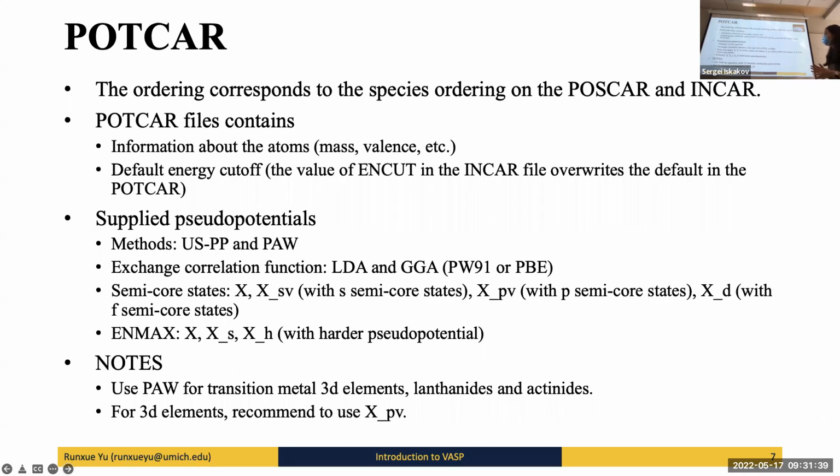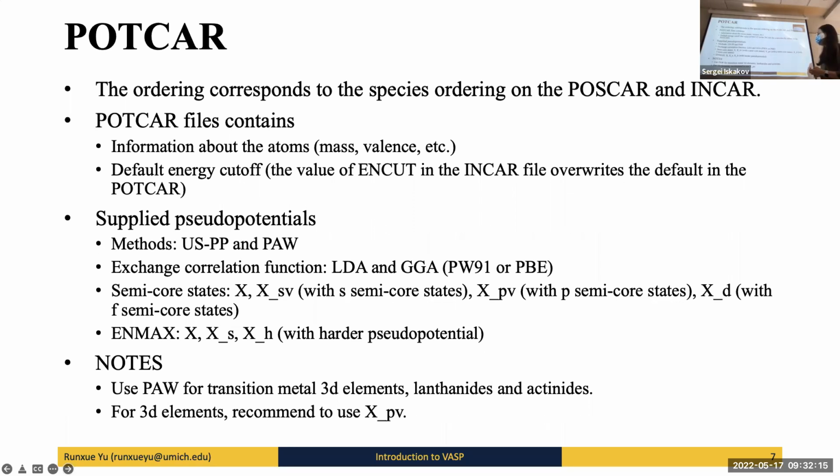And we have multiple kinds of pseudopotentials. If we divide them by method, we have the ultra-soft pseudopotential and the projected augmented wave. And if we divide them by exchange-correlation functional, then we have LDA and GGA. And GGA also has PW91 and PBE, these two types.